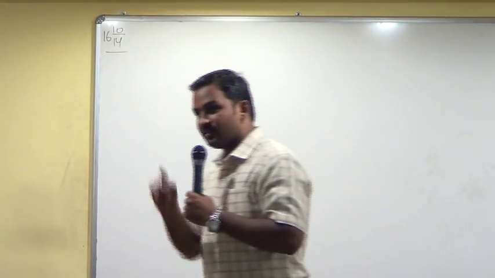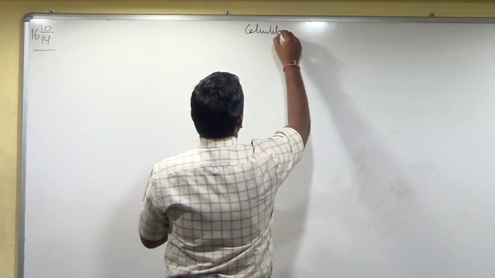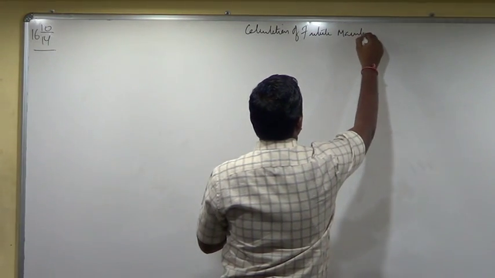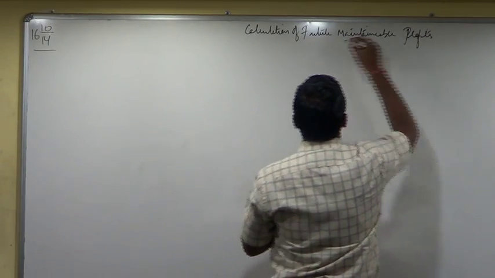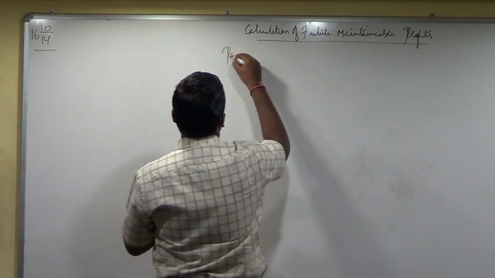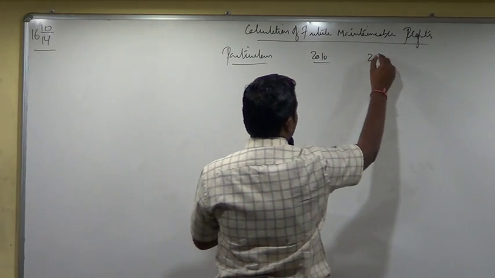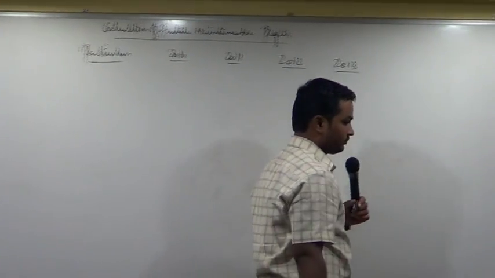Let us start doing it. And if there are any errors in past profits, we have to rectify the errors and then use the profits for calculation of value of goodwill. So let us start with calculation of future maintainable profits. Particulars: 2010, 2011, 2012 and 2013.